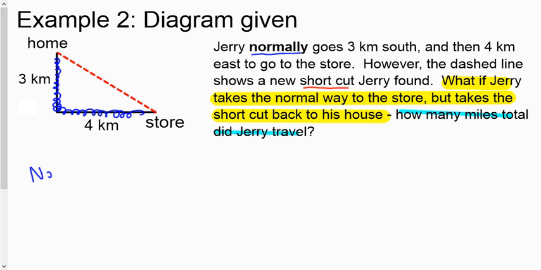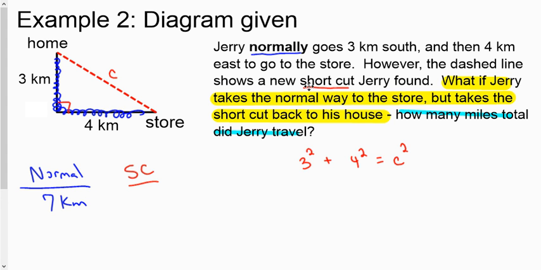The normal is just handed to us. 3 plus 4 is 7 kilometers. Now, the shortcut, we've got to go and dig for that. South and east, well, gee, this would be a 90-degree angle. That makes this the hypotenuse. So we can use Pythagorean theorem. 3 squared plus 4 squared equals, there's our hypotenuse, c squared.